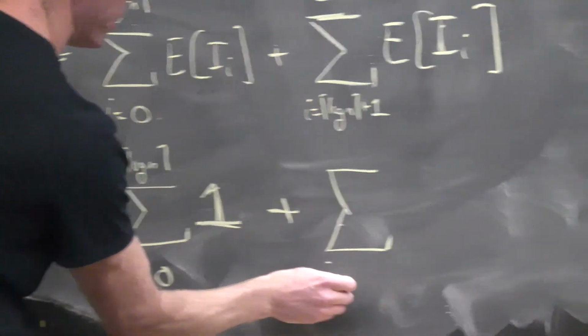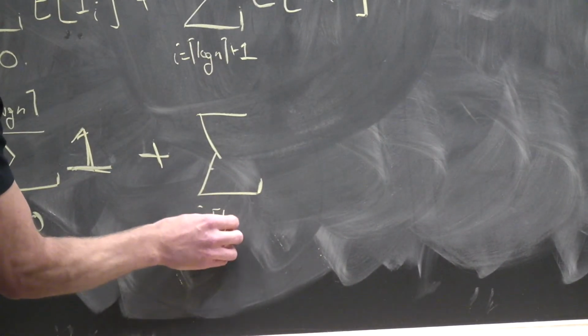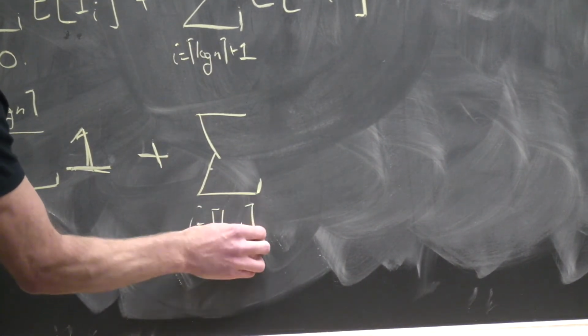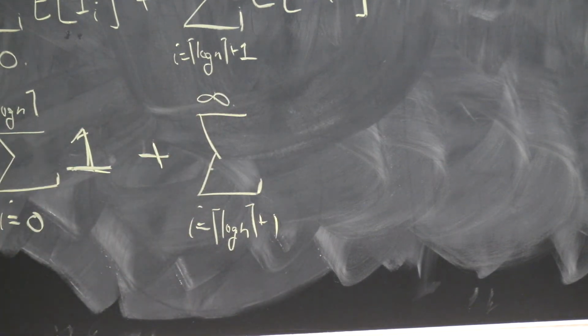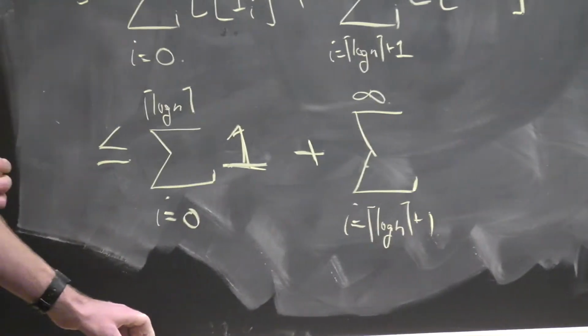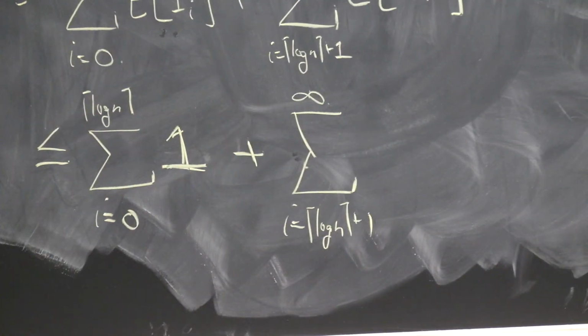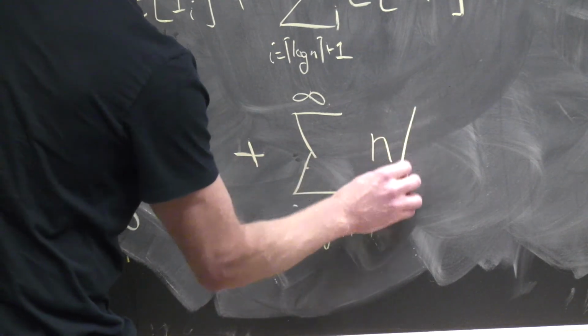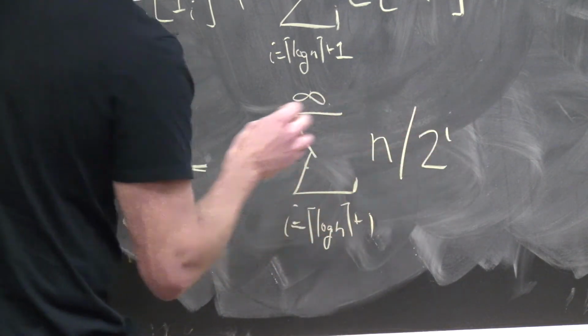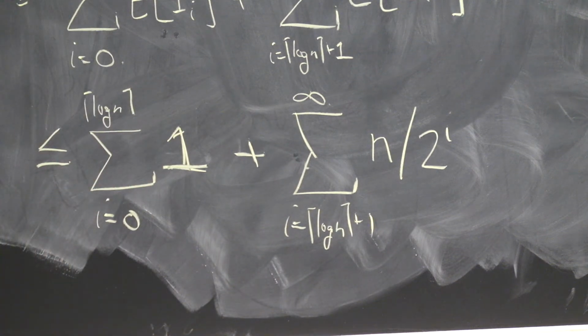That leaves these other ones. And these ones here, well, we might as well apply the second part. They're all less than or equal to n over 2 to the i. Okay.